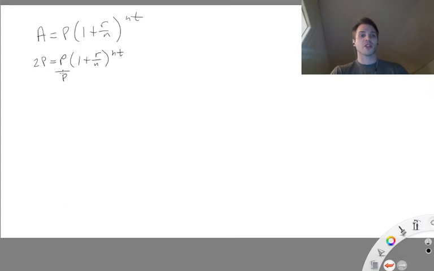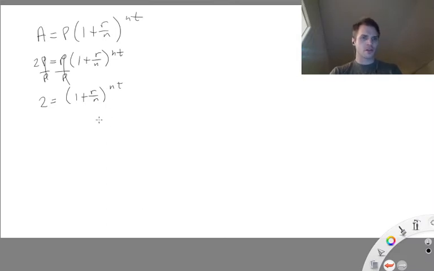Now if I divide both sides by P, this cancels, and I get 2 equals (1 plus r over n) to the nt. And this is what we expect from the exponential function. It shouldn't matter what our initial principal was. It should double at a regular rate.